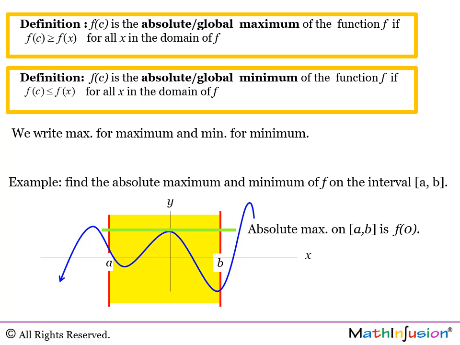The absolute max is the value of the function, so it is f(0) in this case. It is the height, it is a y value. And here, as you can see, it's the lowest that the graph of the function reaches between a and b. So the absolute minimum is f(b).